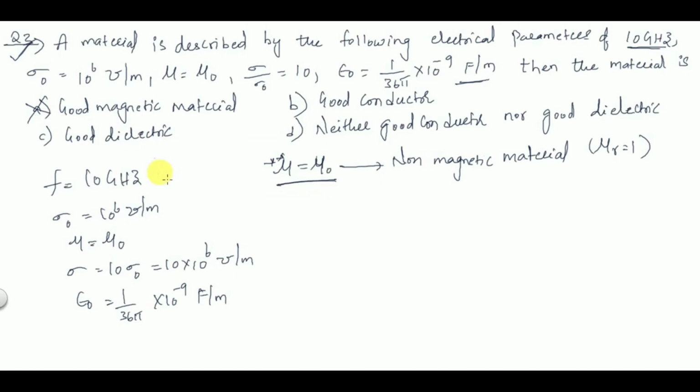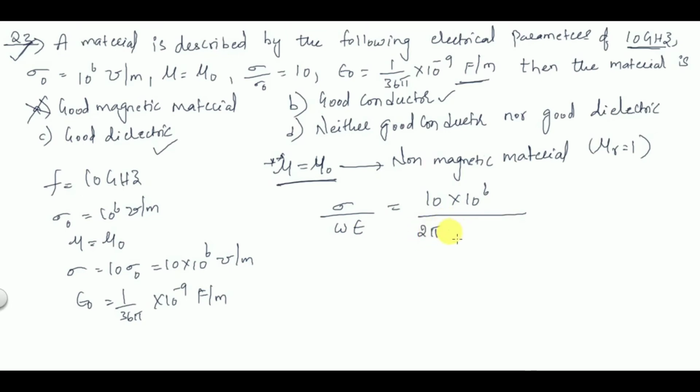In order to find whether the given material is a good dielectric or a good conductor, you have only one chance, that is loss tangent again. You have to find sigma by omega epsilon. What is the sigma value? 10 into 10 to the power of 6, divided by omega.